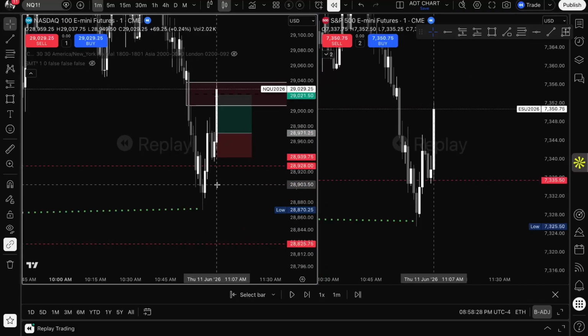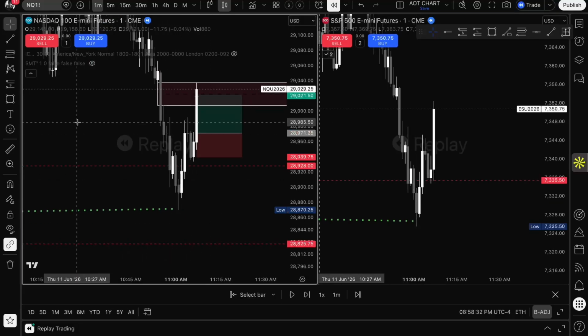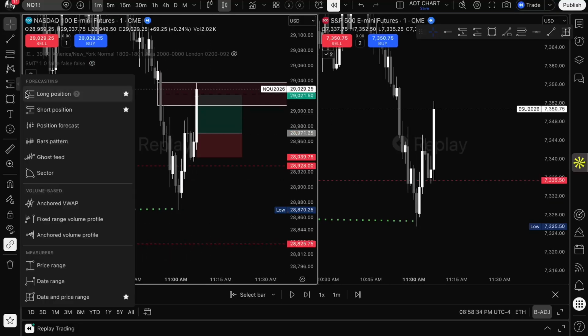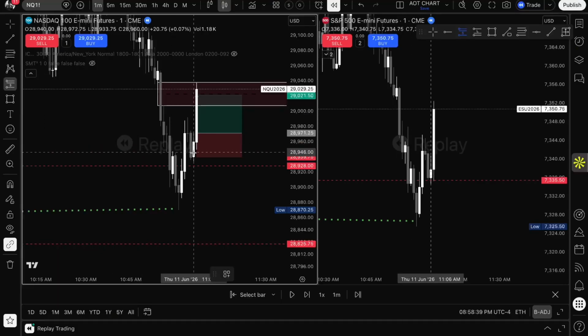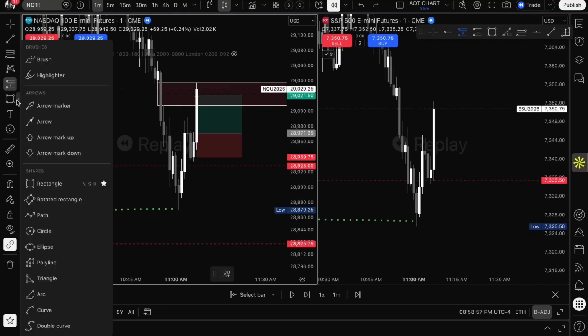Because if we're truly bearish, we rebalance this bearish displacement candle, and the next candle, the market should be dumping lower, but it's not. Off of this reaction, price is now displacing how many points?